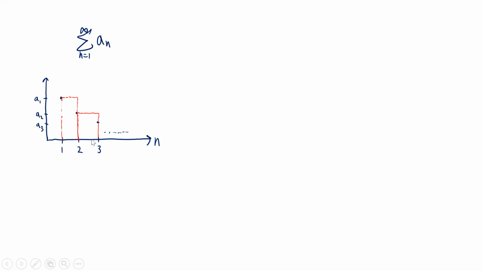Repeating the same process, the third rectangle has a height of A3 and the width is again 1. That is to say, the sum of this series is the sum of the areas of all the infinitely many rectangles that I can draw.